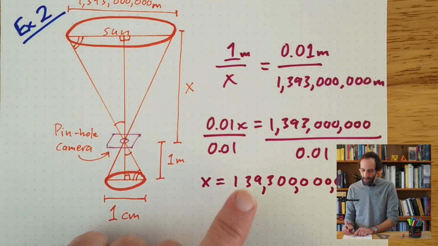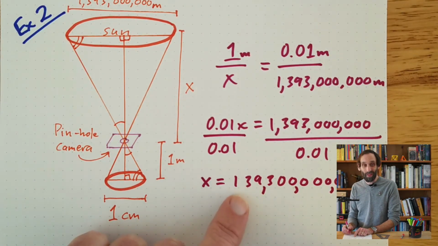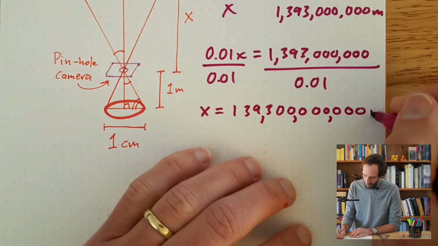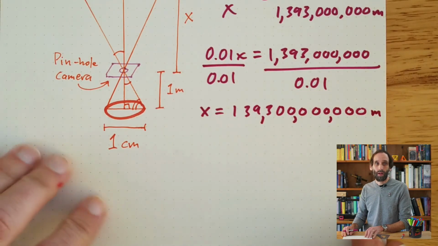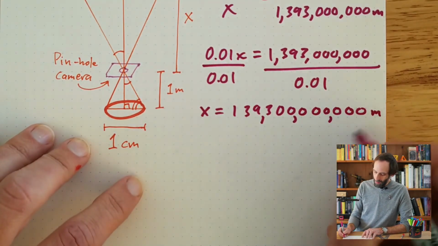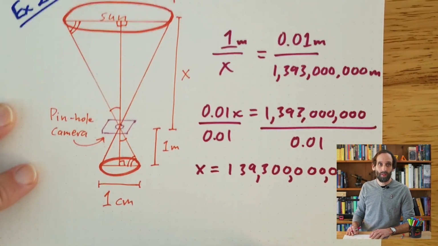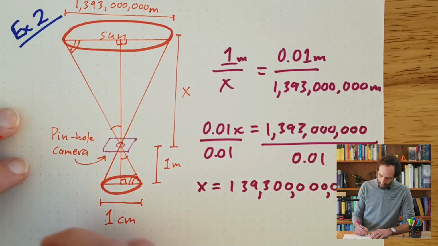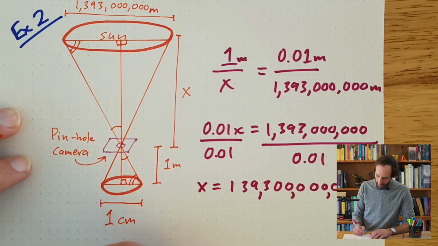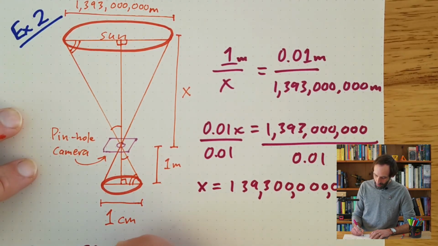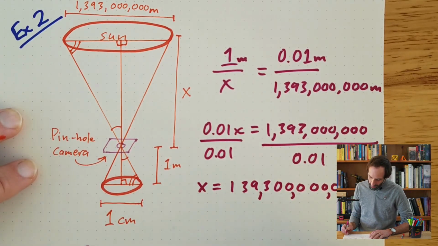Okay, so 139 billion meters. Now to convert this to kilometers, we can move this decimal point over 3 more places. Let's go ahead, I'll just write that down here at the bottom. So x is equal to 139 million kilometers.